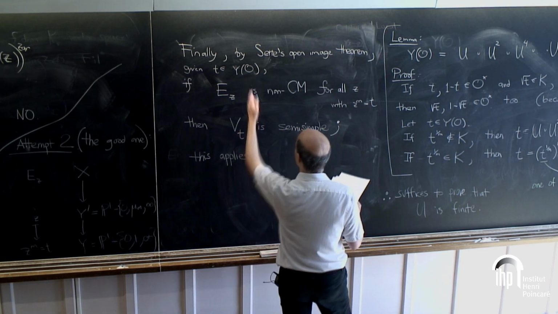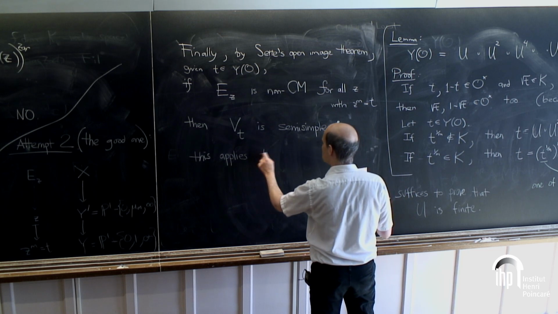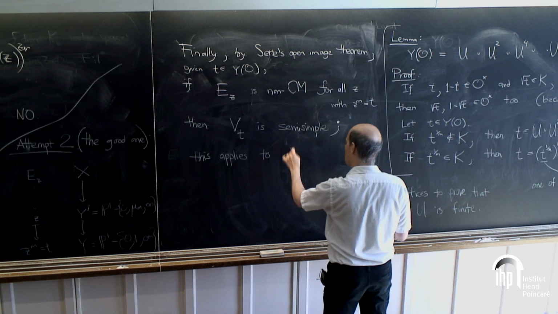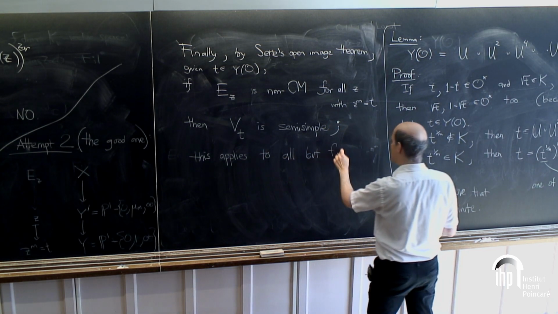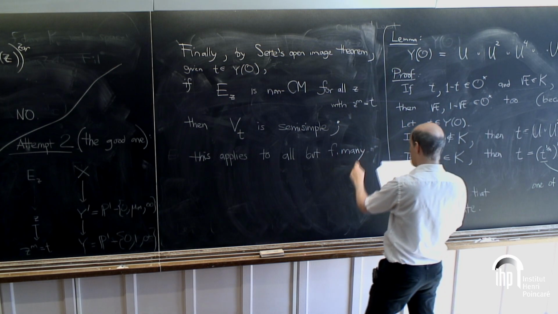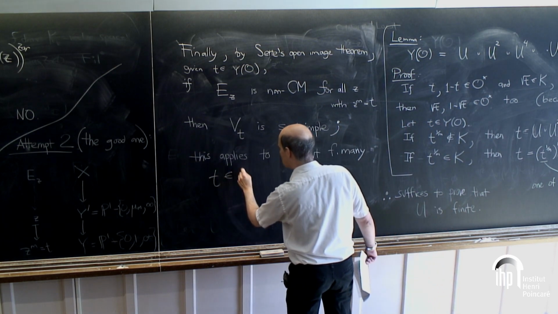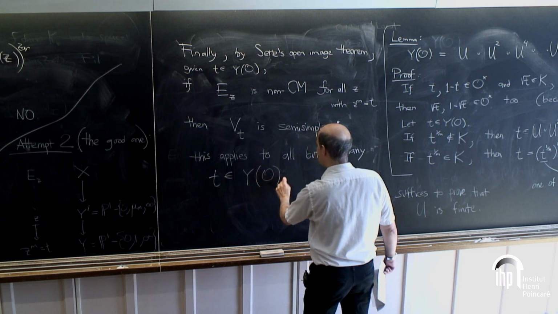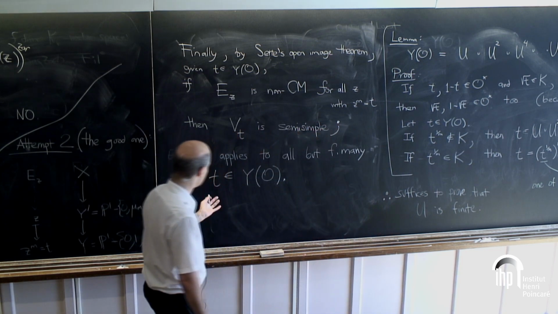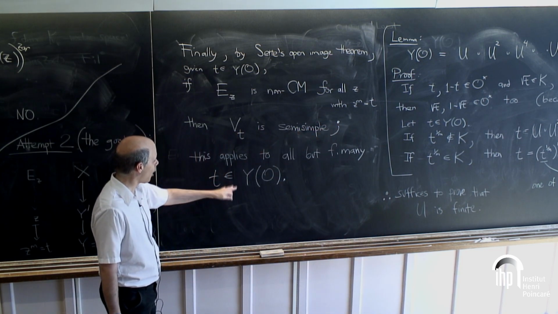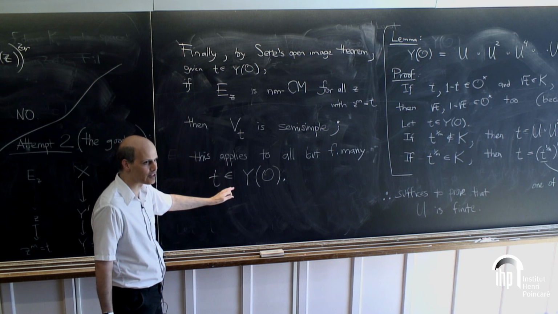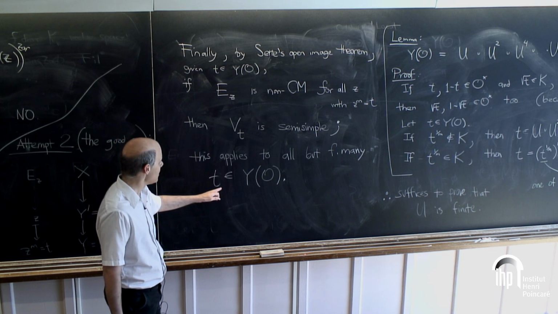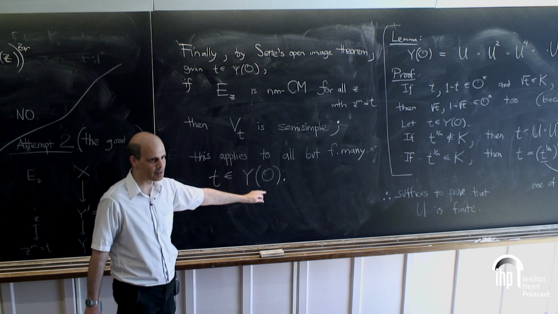So this argument that I just gave applies to all but finitely many t. I didn't prove that all of these representations are semi-simple, but there are only finitely many that are not semi-simple.